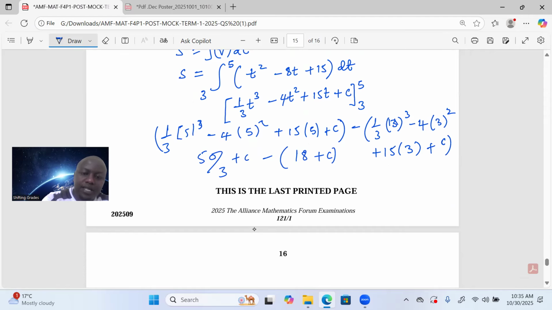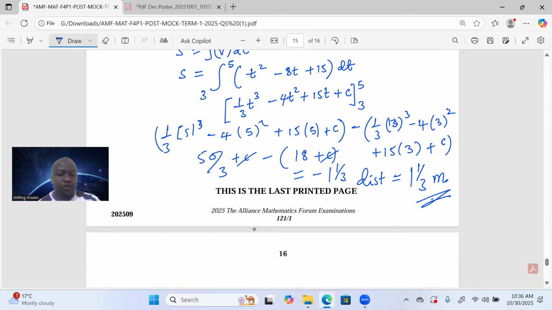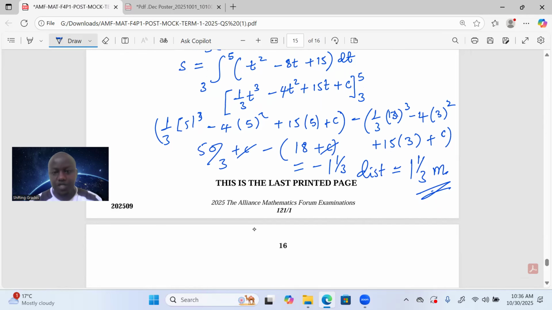In this case, the c's shall cancel and we get negative 1 1/3, meaning that now the distance covered is the absolute value, 1 1/3 meters. So that's how you're supposed to work out such a very good question.